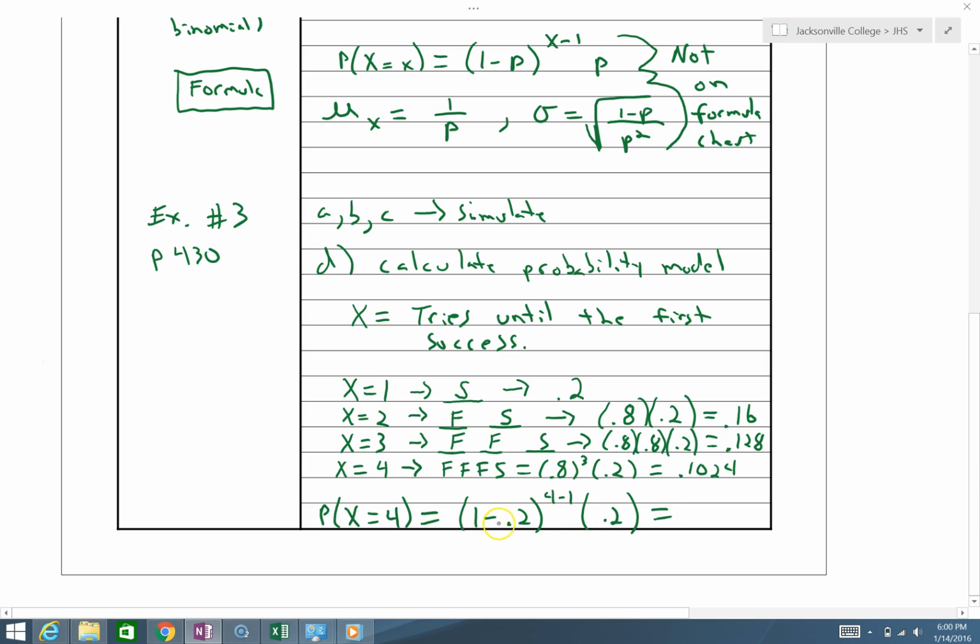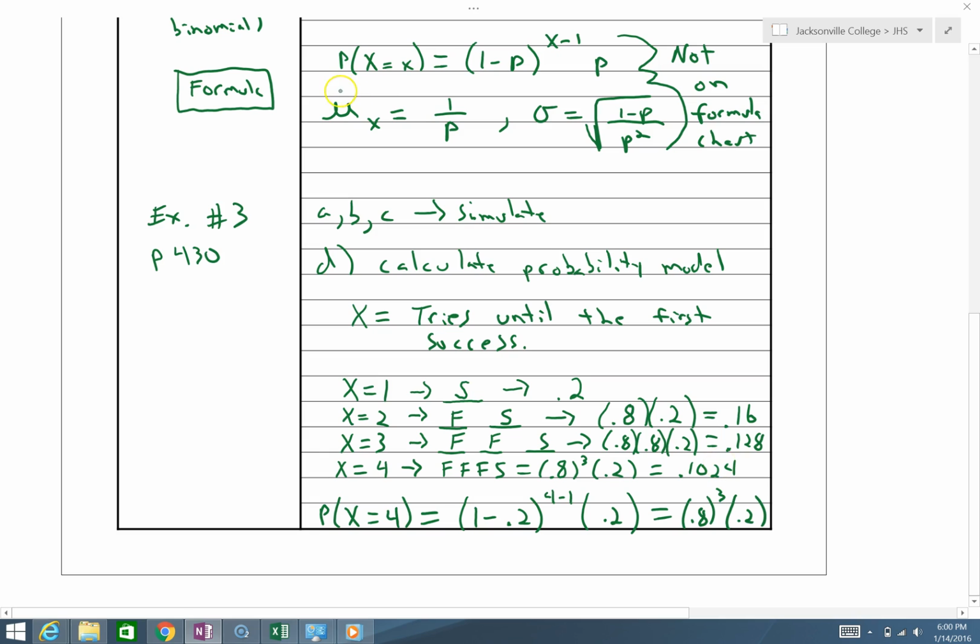Well, 1 minus 0.2, that's 0.8. 4 minus 1, that's 3. And here we still have this 0.2. So you can clearly see that this quantity here, 0.8 to the third power times 0.2, is the same as what the formula arrived at. So our formula, while it is true, it's pretty easy to think about.